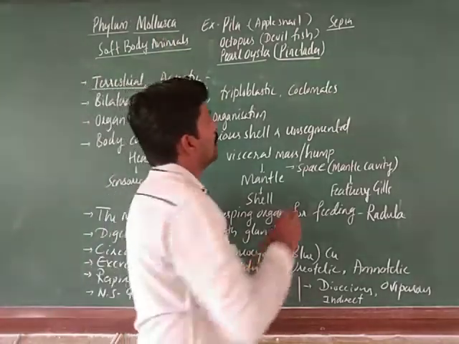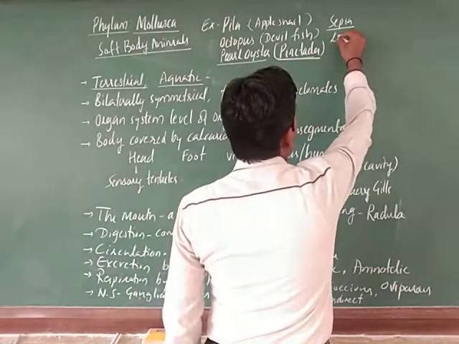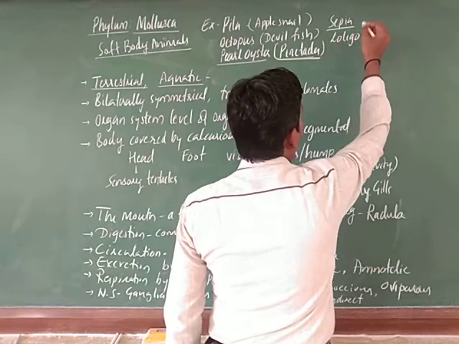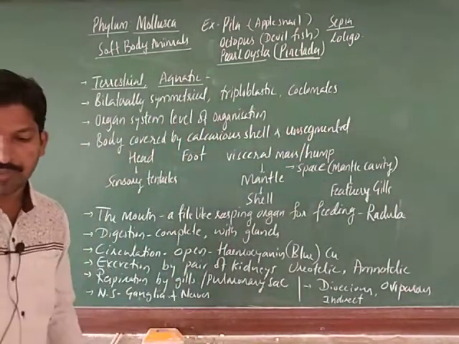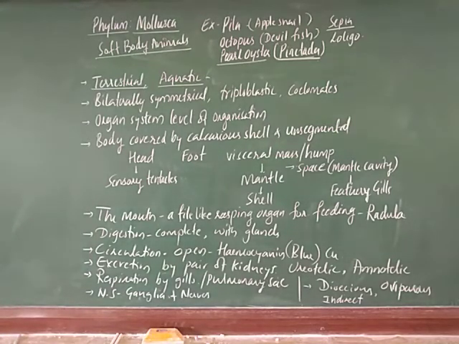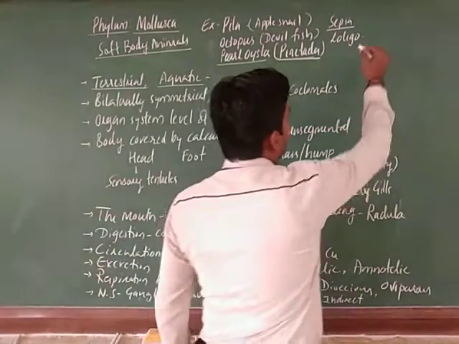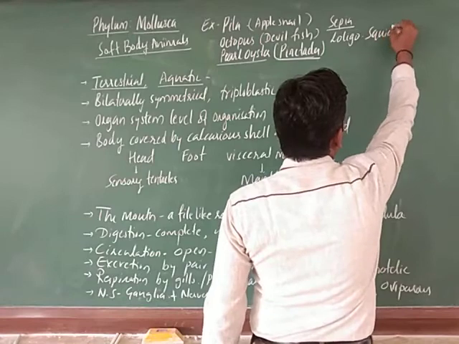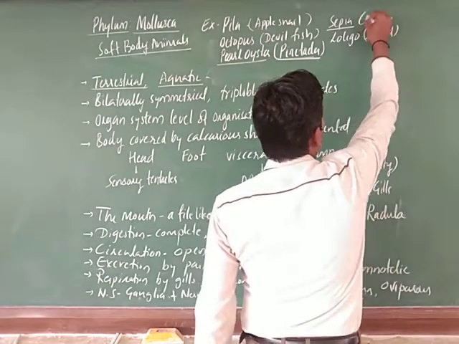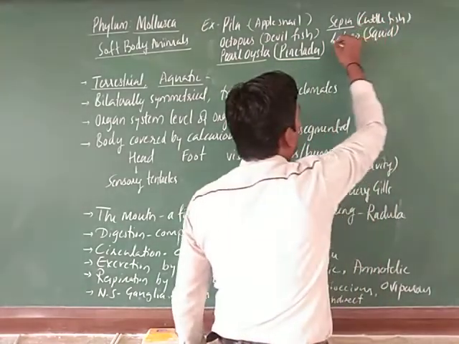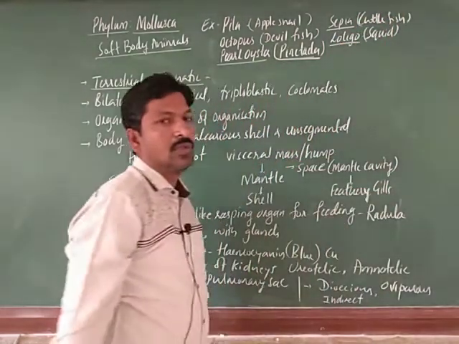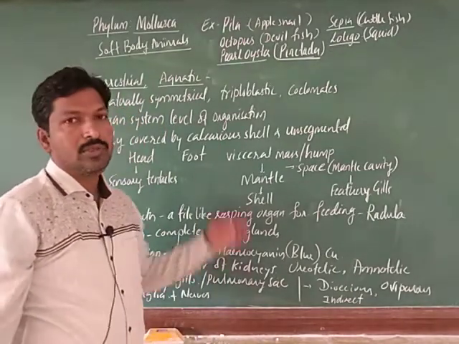And next we can take Loligo, commonly known as squid. In this way there are many examples we can take. Chiton, one more, you can give Chiton.